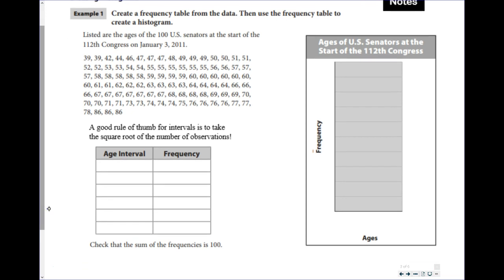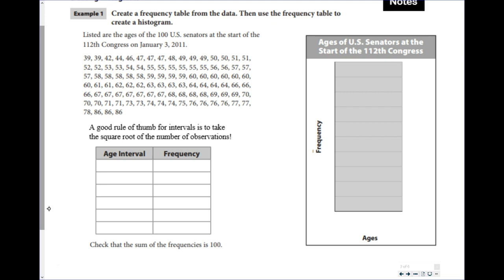The first thing we want to do before we go right into the histogram is figure out our intervals and how to count how many are in each interval. First, I want to figure out how big my intervals should be. In the last example, my intervals were intervals of 10. You can figure this out by counting how many data points we have and then taking the square root of that number.